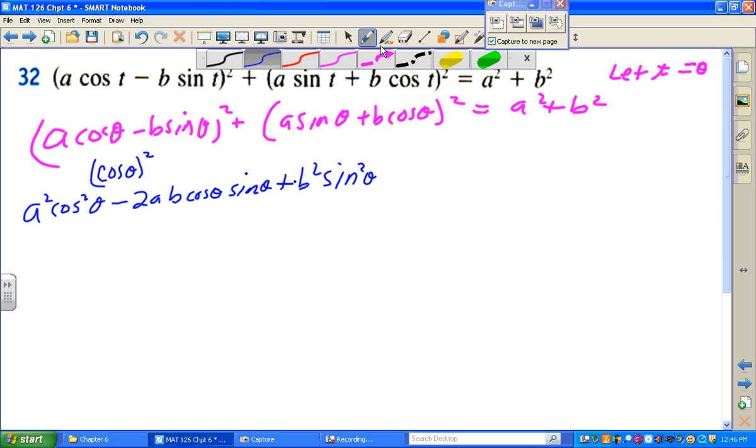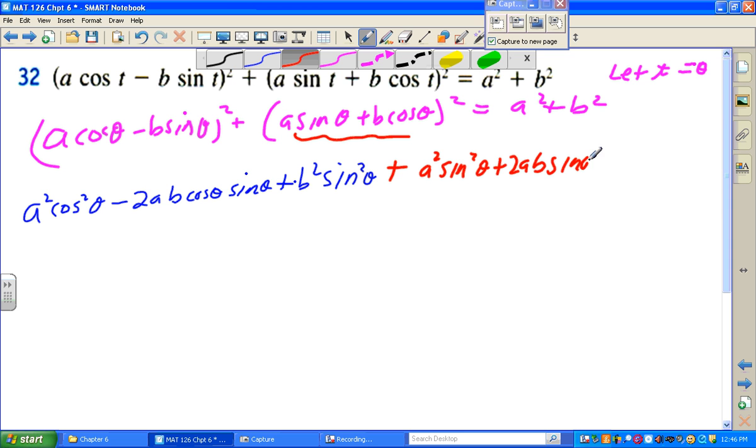So what do I get when I multiply out the second one? A squared sine squared theta plus 2AB sine theta cosine theta plus B squared cosine squared theta.